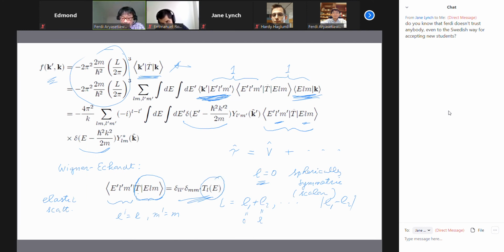It depends on the system, of course, that involves some integrals over the radial part of the wave functions. So that's where this T_L comes in. So E prime equal to E here.